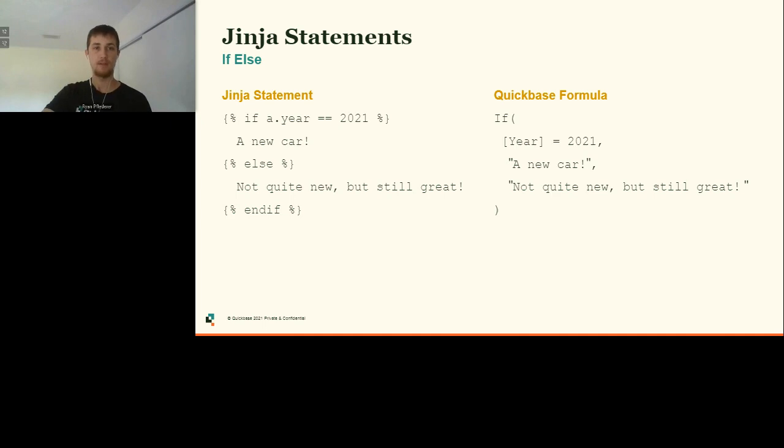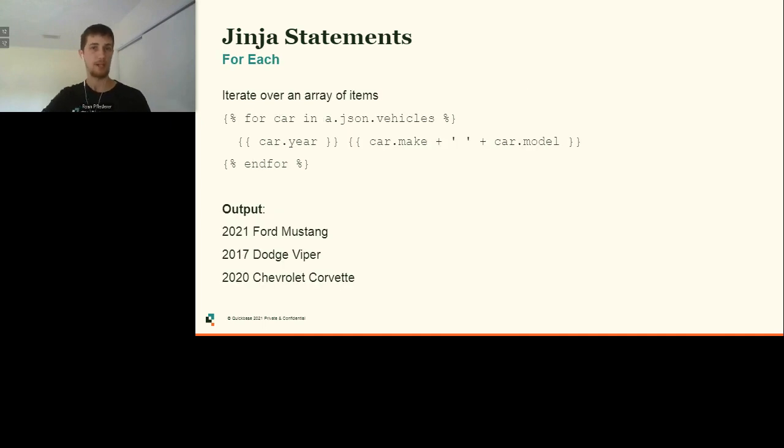Where Jinja really starts to shine is with the for each, or for loop. It allows us to iterate over an array of items. Going back to the example we saw at the beginning with the three vehicles, here we are doing a for loop.